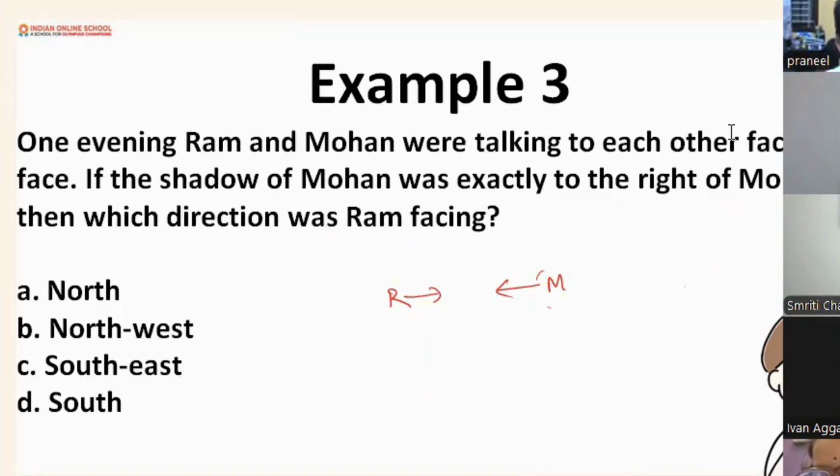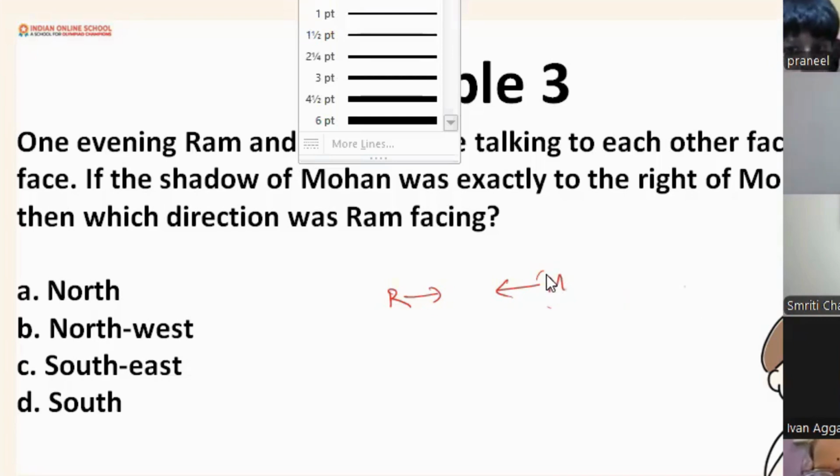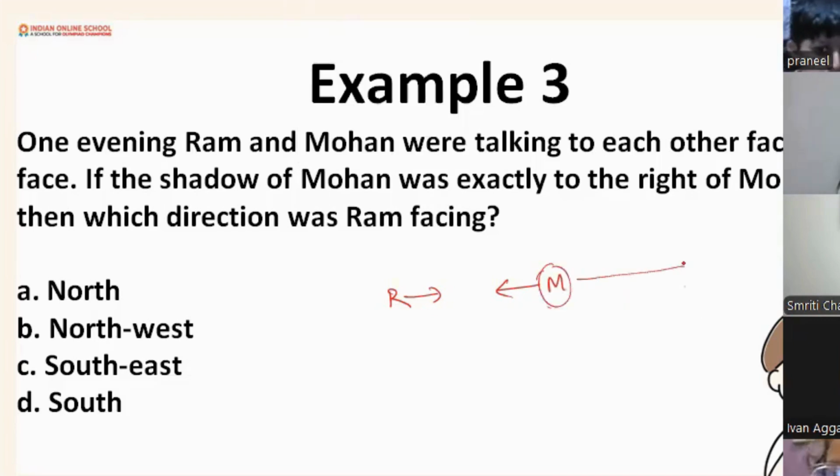Okay, since the question is already given, if the shadow of Mohan was exactly to the right of Mohan, if Mohan is standing over here and his shadow is forming on the east side. Correct. Don't go with this diagram, because according to the question, the shadow of Mohan was exactly on the right of Mohan, and this is the left of Mohan. Correct.